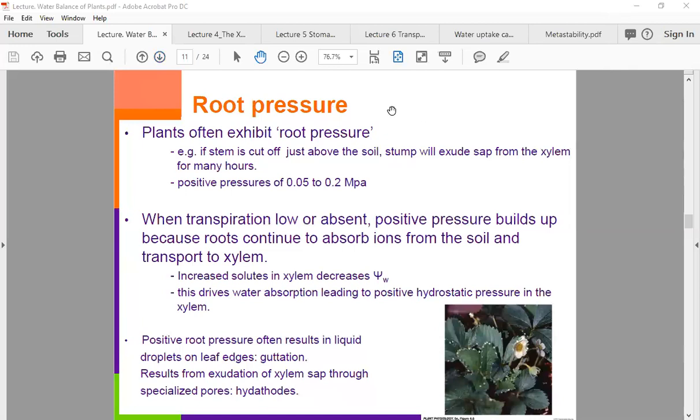A little bit about root pressure. So you might remember that root pressure is a positive hydrostatic pressure, and plants tend to move water through the xylem only using positive root pressure when transpiration is very low or completely absent, of course, if the stomata are closed. And there's a really neat way that we used to demonstrate this years ago, and I think we should do it again.